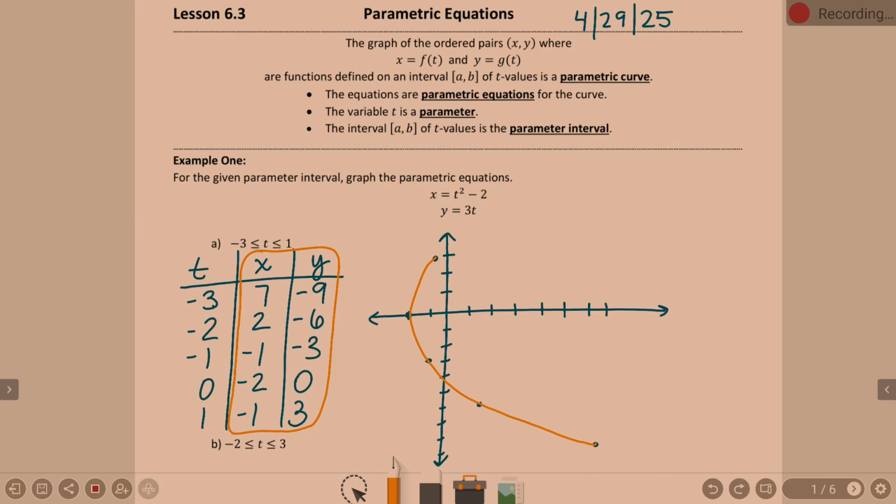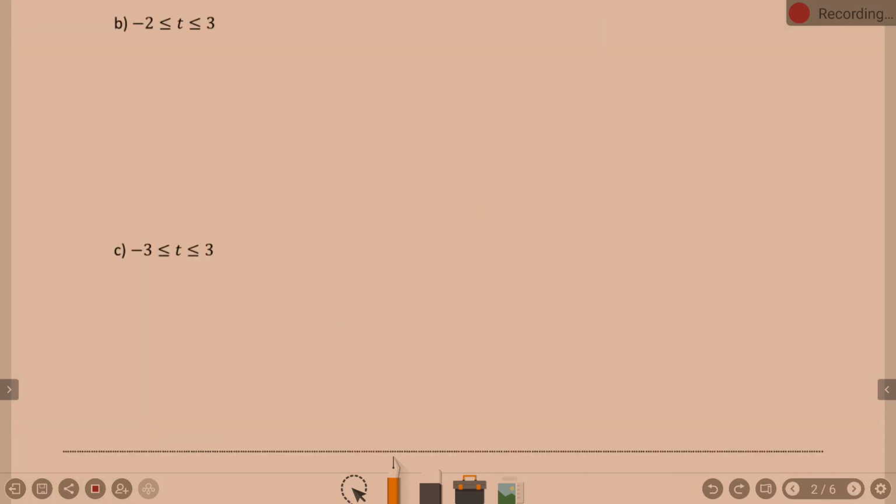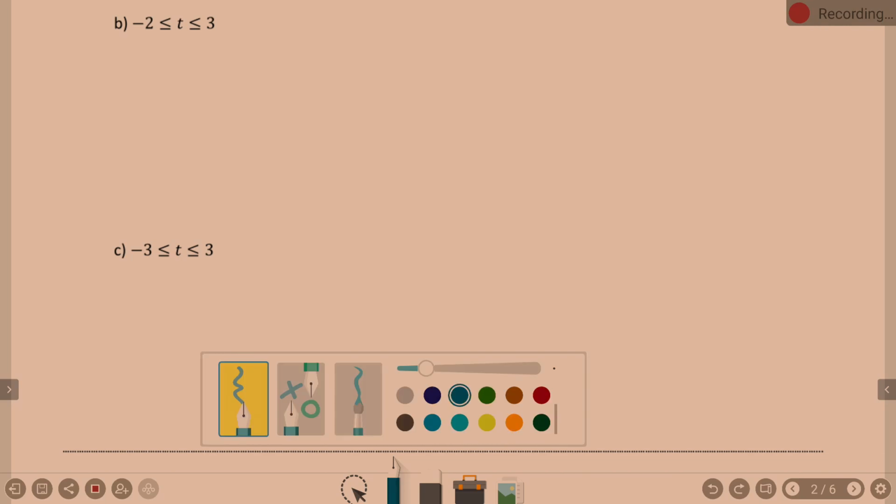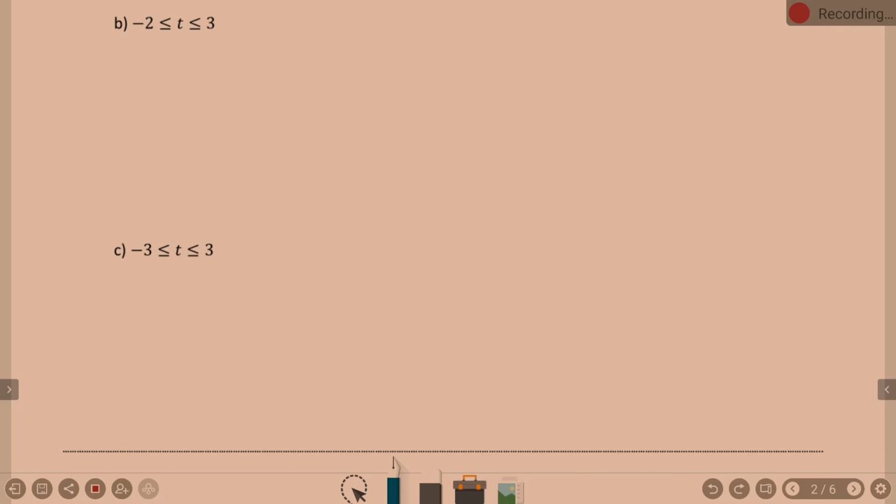Okay. What about part B? Part B, we're still using the same equation. What happens? Yeah, my t values are a little different, aren't they? Now, do some of them overlap? Some of them overlap, but then some of them are different. So I'm going to essentially do B the same way we just did A. Again, I'm going to set up a chart with my values.